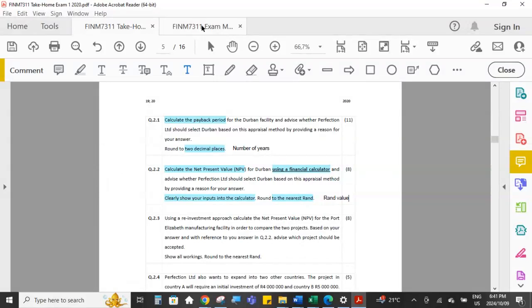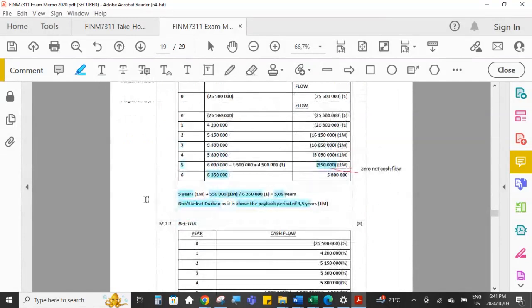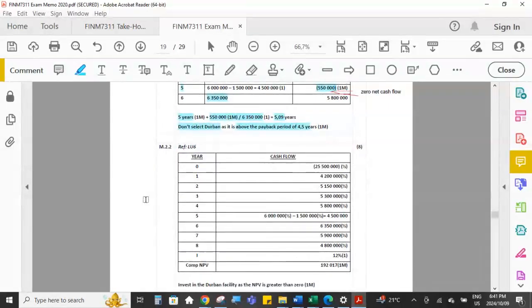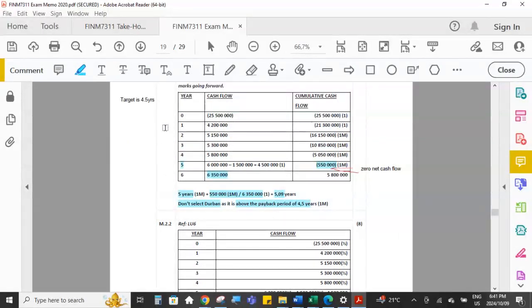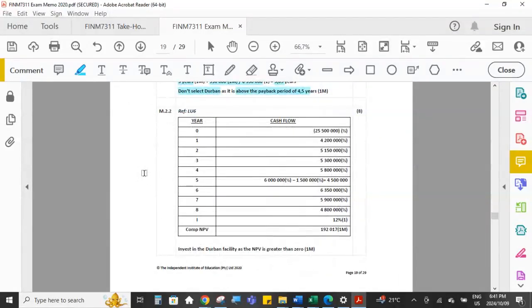So again, if we go and have a look here, remember as I said, for question 2.1 with the payback, we only have to write the cash flows down until we go from negative to positive. You don't need to write the rest of the years down because you're not going to use them in your calculation. But for net present value, we are going to calculate the net present value for all 8 years of the cash flow.